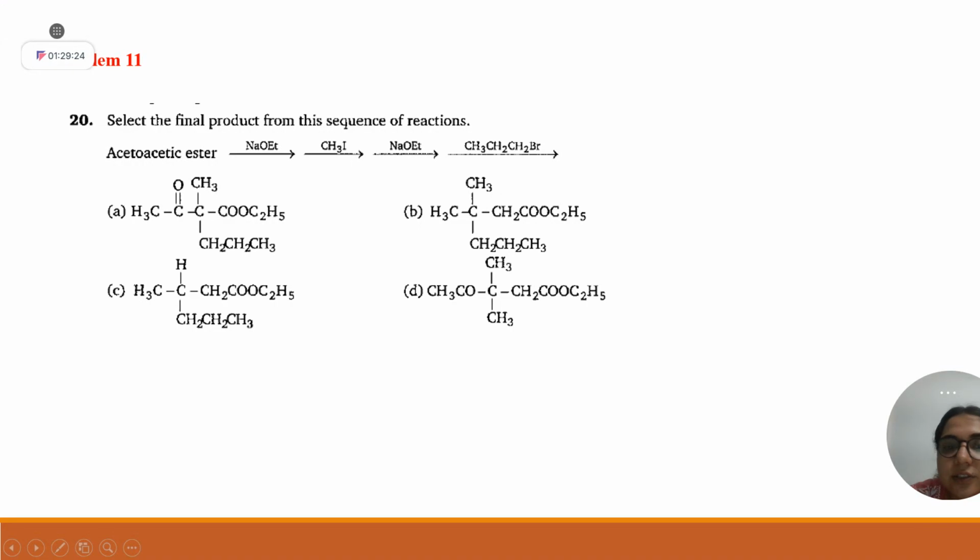Okay, this will be the last question for today's session. The last problem will be your homework, and we will cover it in the next class. Select the final product from the sequence of the reaction. Acetoacetic ester. What is this?